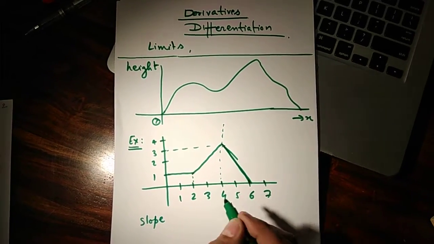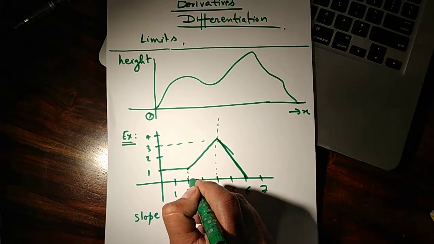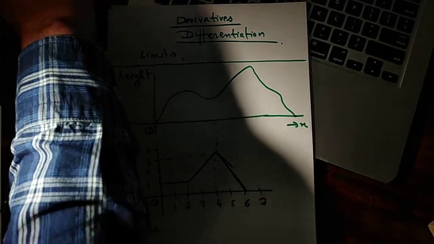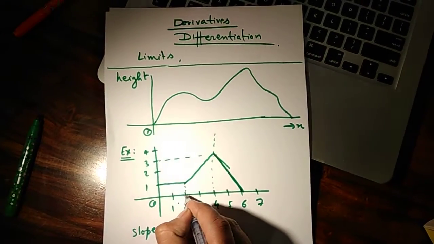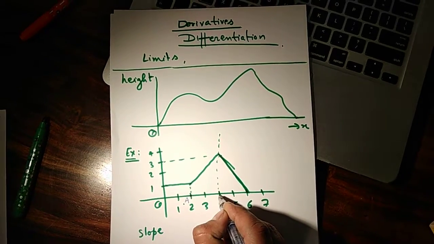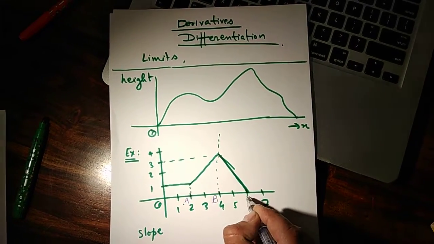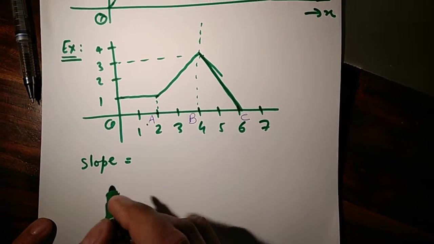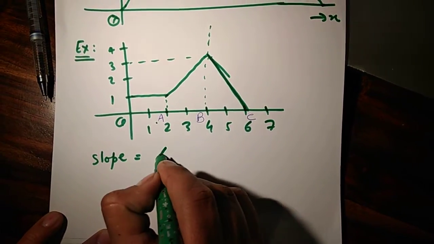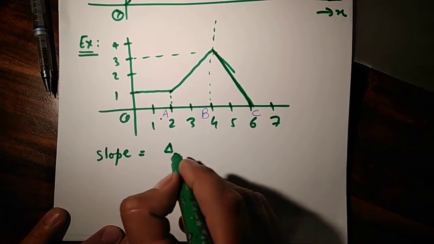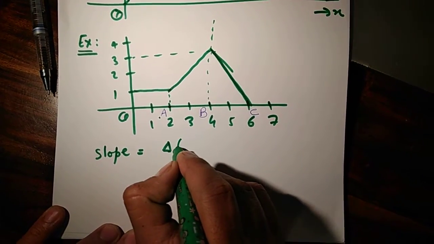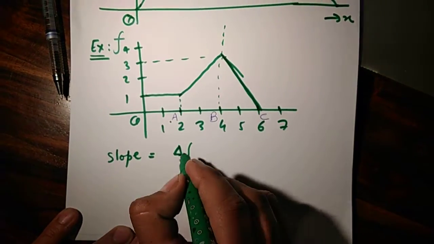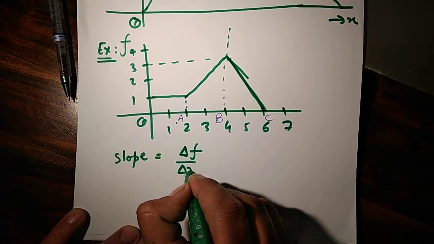Let's call these points O, A, B, and C. You have already learned about straight lines, so you know this. If I denote the height by f, the slope will be delta f over delta x.